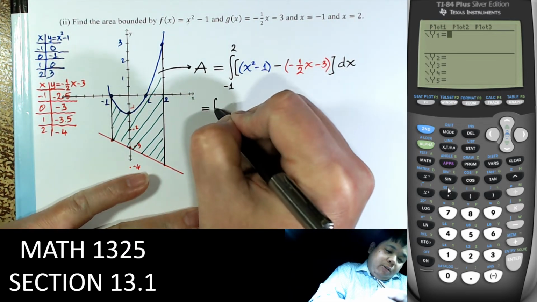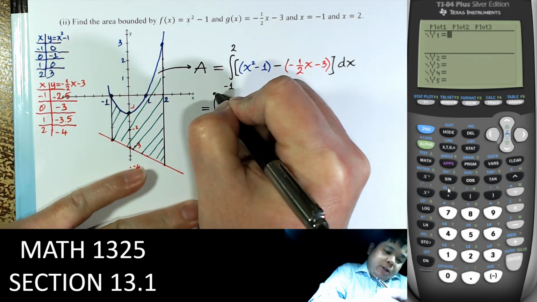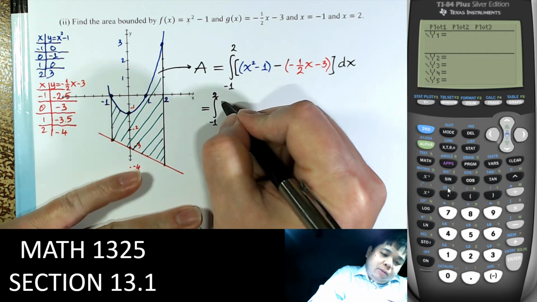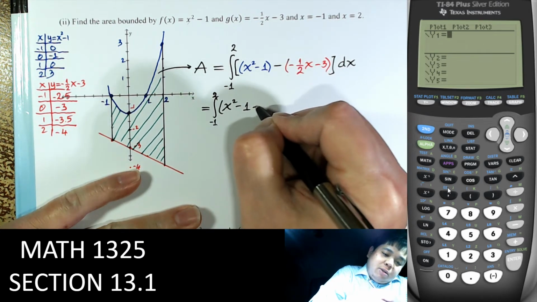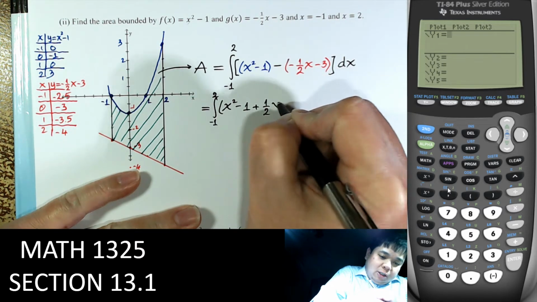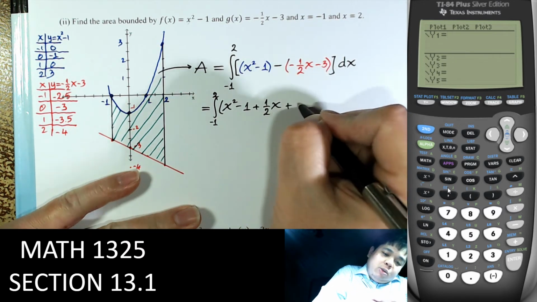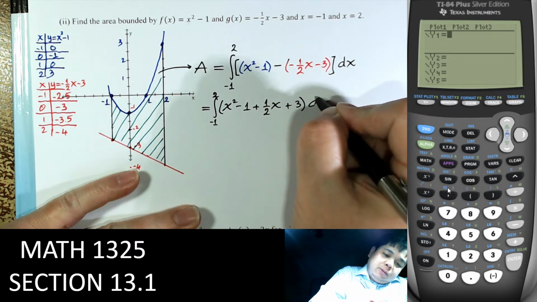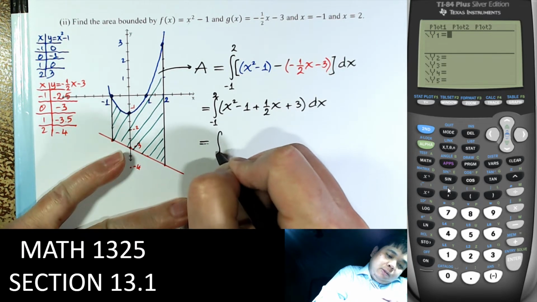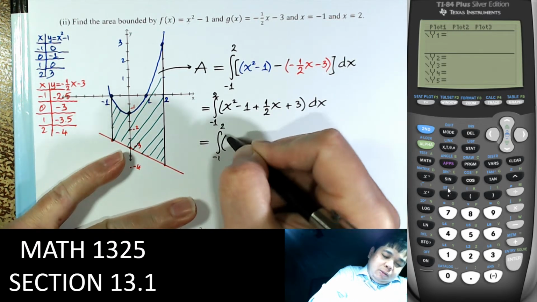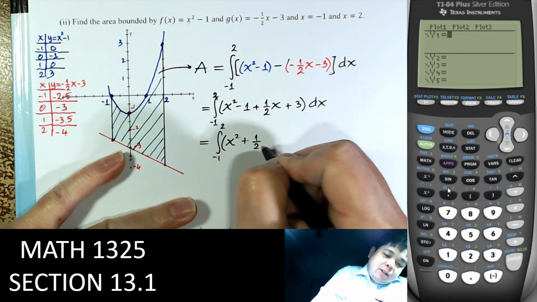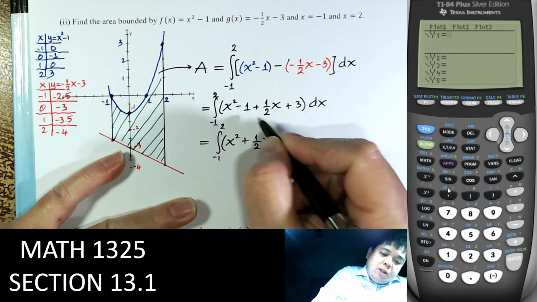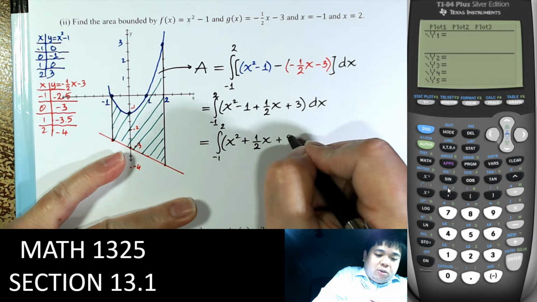So we just have from -1 to 2, x squared minus 1 minus that plus 1/2 x minus that plus 3. So x squared plus 1/2 x, -1 plus 3 is plus 2.